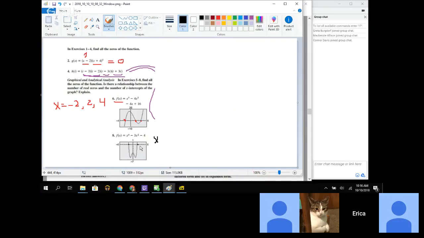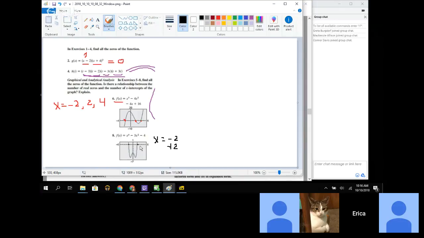I have a 0 at x equals -2, and I have a 0 at x equals +2. Okay, but because this is x to the 4th power, how many zeros do I have? I have 4 zeros.